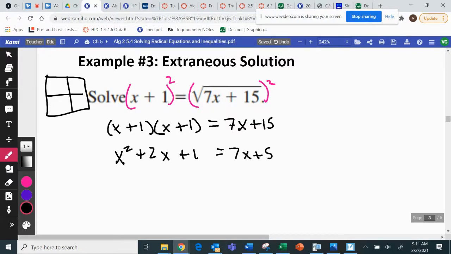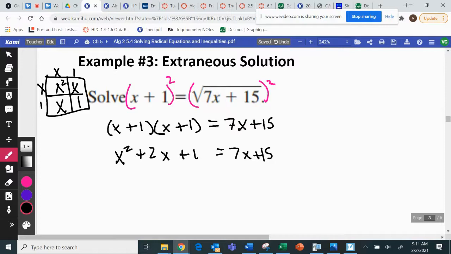After you multiply it out, by whatever method you chose, we should have x squared plus 2x plus 1 equals 7x plus 15. So what we did is we squared both sides and we made the exponents higher. The exponents tell us how many solutions there are. There was a 15 there. I was just joking. Yes, it should be 15. Thank you for stopping me from making a future mistake.